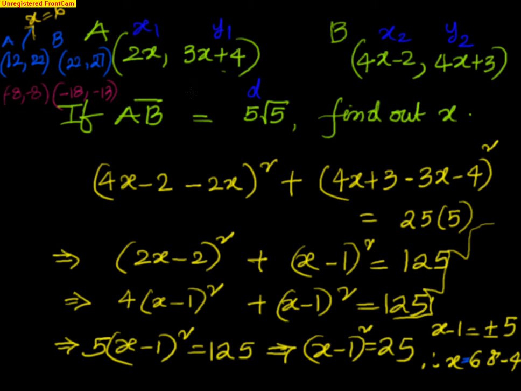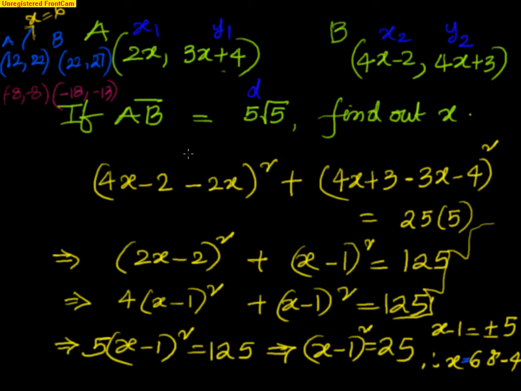So that's about, in a nutshell, the distance between the points video. What we did in this video is we took a simple example, and with the knowledge we have in coordinate geometry, we tried to find out the distance between two given points.